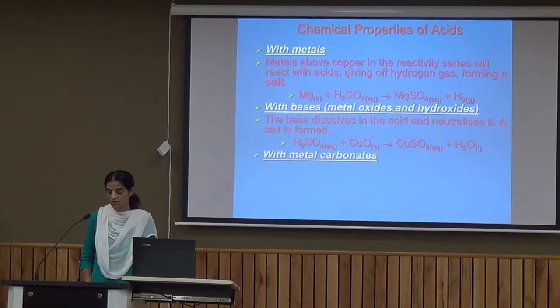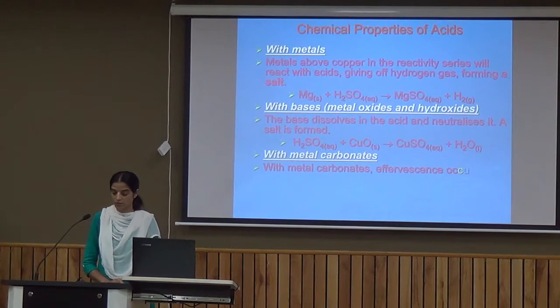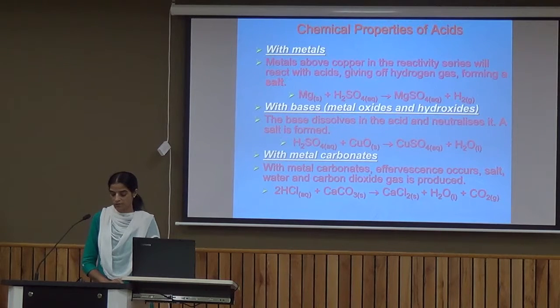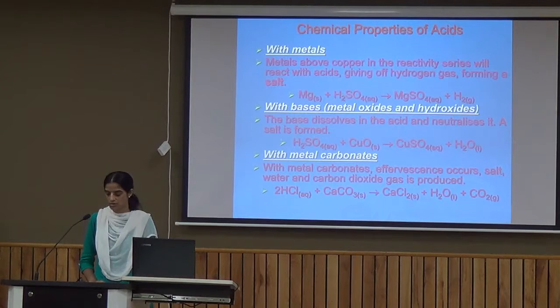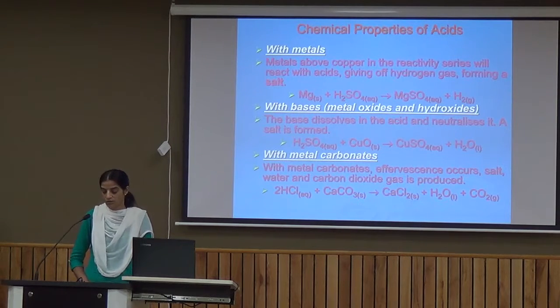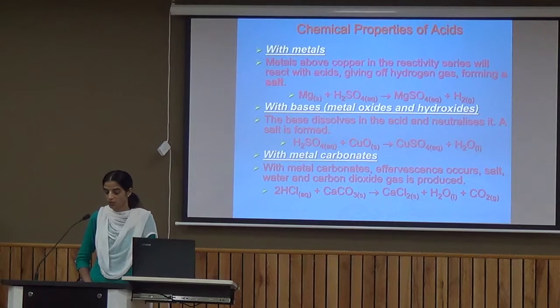Now, the next reaction given for acids is with metal carbonates. Acids react with metal carbonates to form carbon dioxide gas. As soon as you add acid to any metal carbonate, effervescence occurs, and a gas is produced.